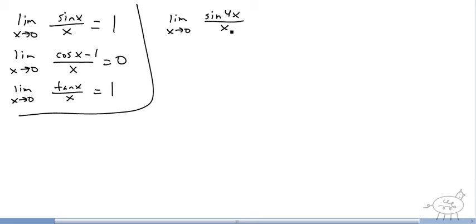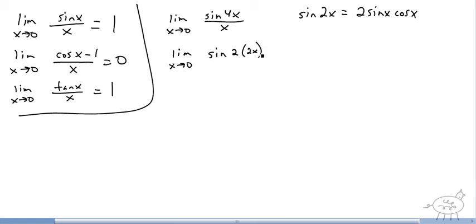But what I can do is, if you remember, sine of 2x, that was our double angle for sine. That's 2 sine of x cosine of x. So if you think of this, I can actually write this as the limit as x approaches 0. Instead of sine of 4x, it's sine of 2 times 2x.